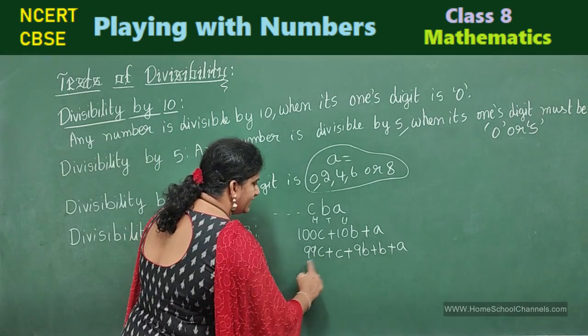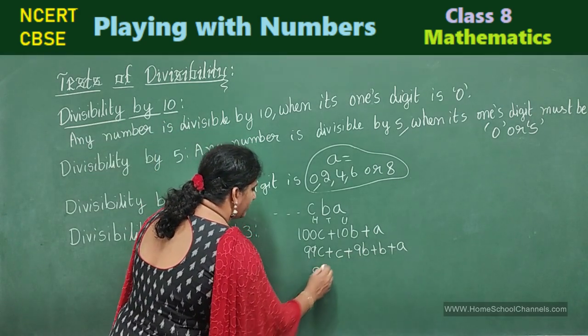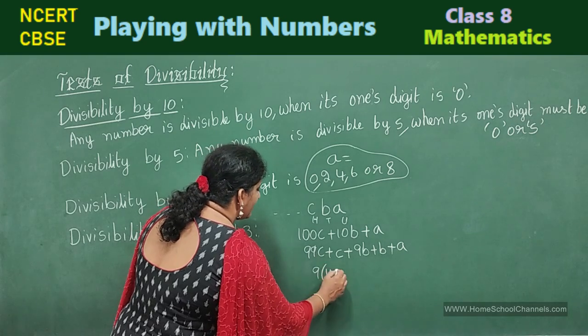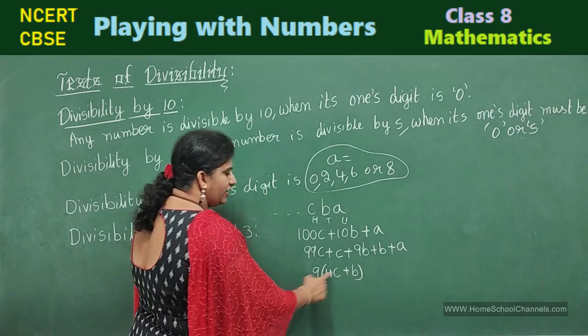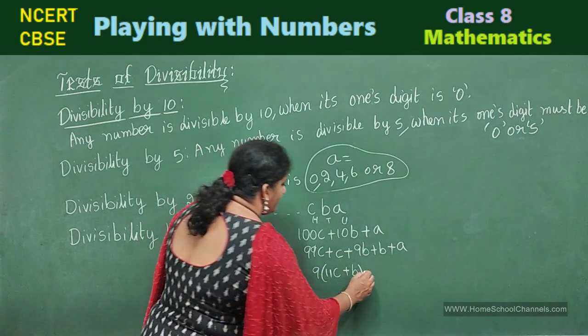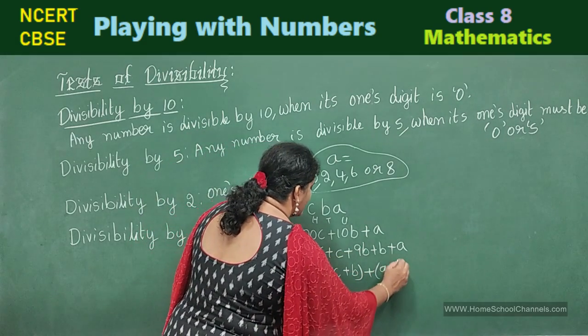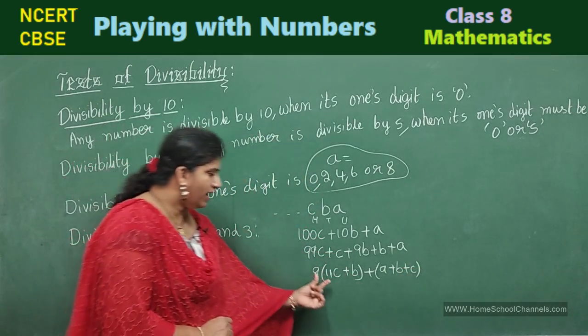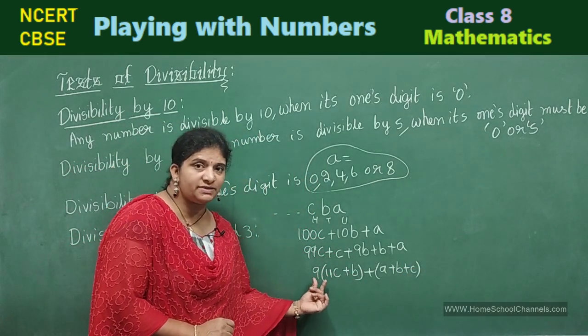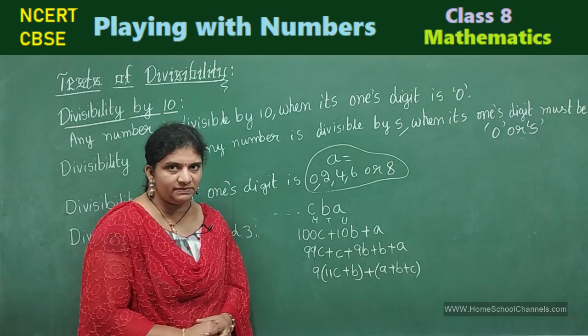Now among these two, 9 is common. 9 elevens are 99, so 9 times 11C plus B, you have taken 9 out common, right? Plus A plus B plus C. So here this part is divisible by 9.